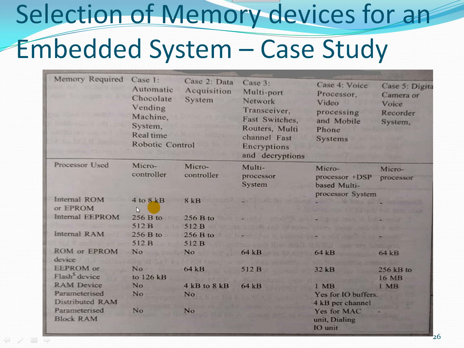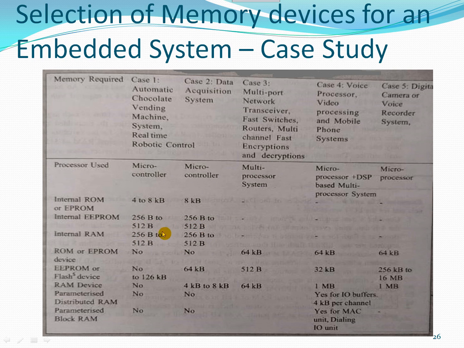Under the ROMs, we can use a very low ROM size for the chocolate vending machine, from 4 KB to 8 KB, and 8 KB is necessary for data acquisition systems, but ROM devices are not required in the case of video processing and network transceivers.